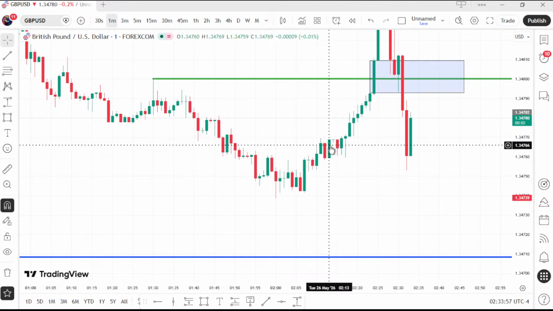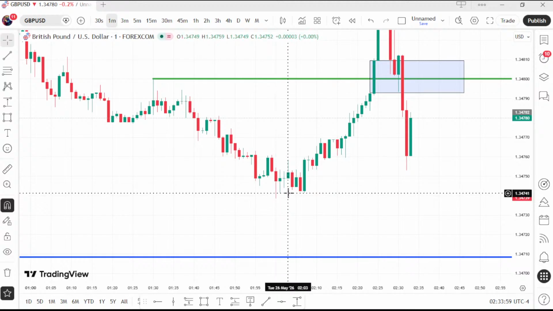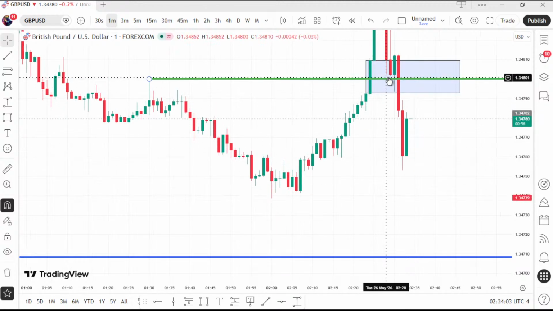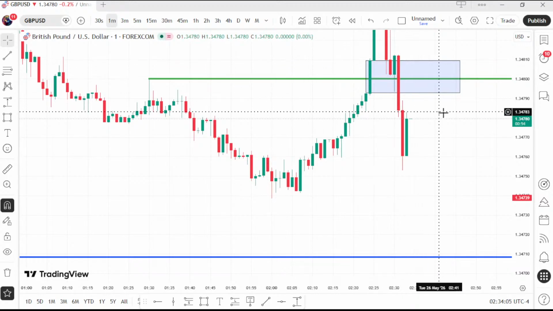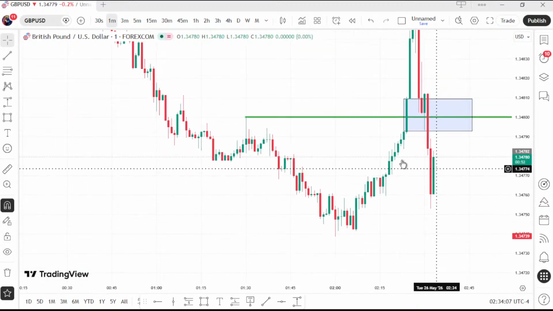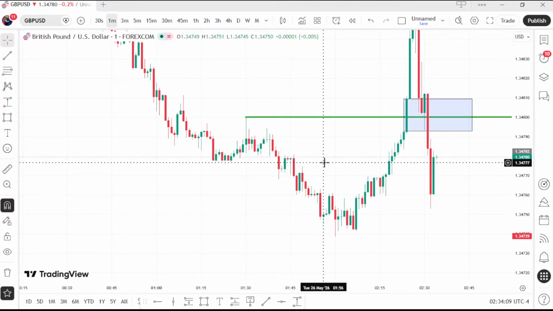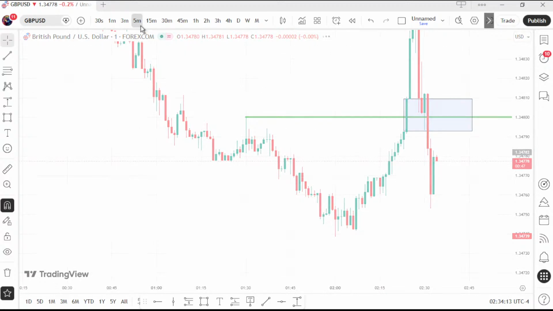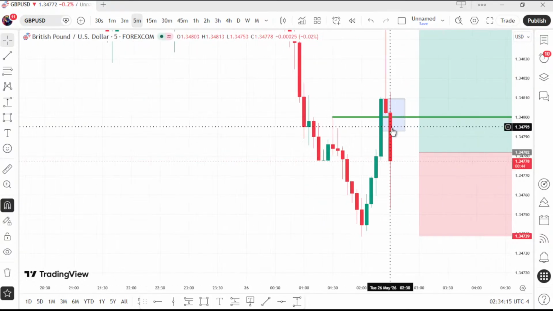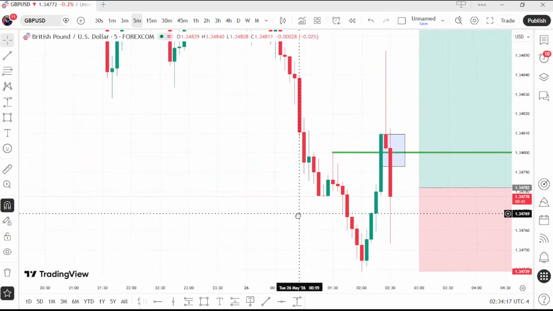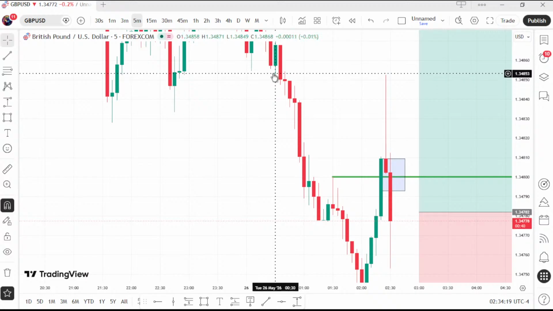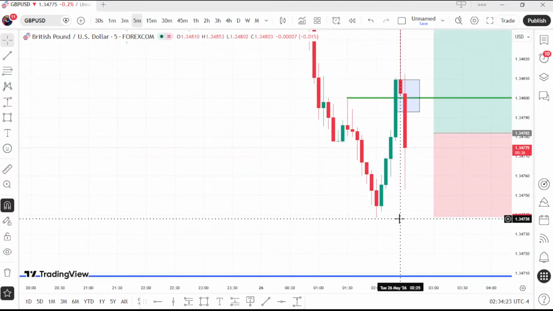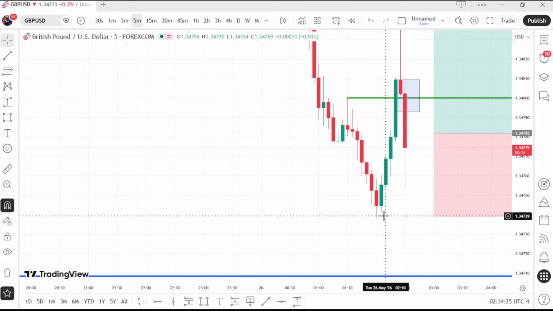If price is specifically at this order block, see? Yes. And to see price taking out this low so that you can validate that I am wrong.